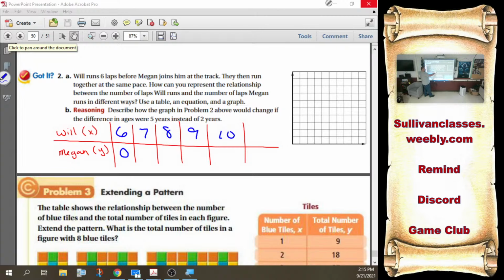Well, now it would be he ran 1 lap, she ran 2. He ran 1 more lap, she now ran 4. So that would change things. But it says they run at the same pace. Plot your points. I have 6, 0, 7, 1, 8, 2, 9, 3, and 10, 4. Good buddy.